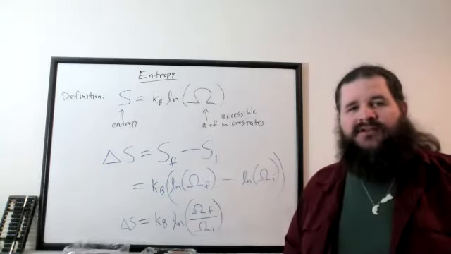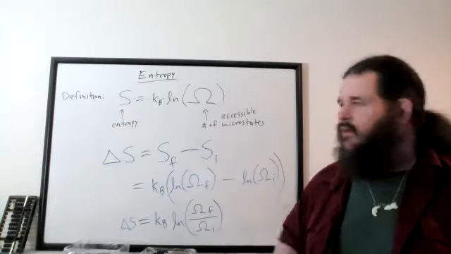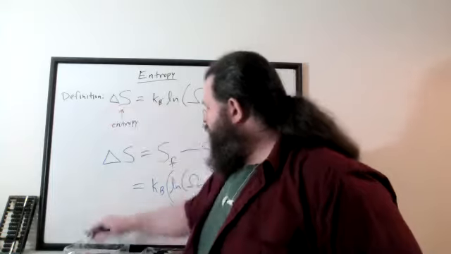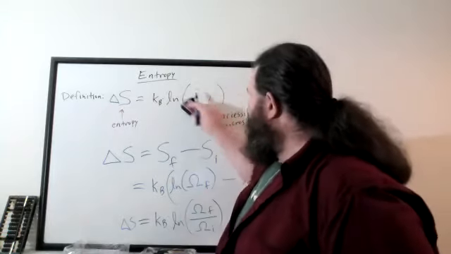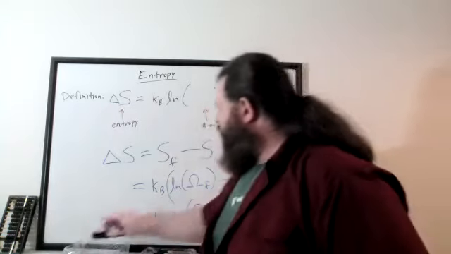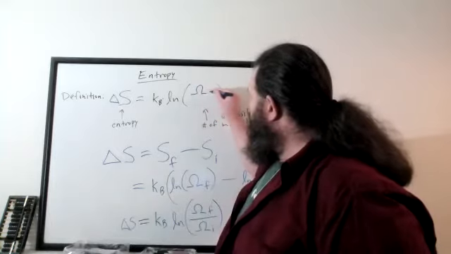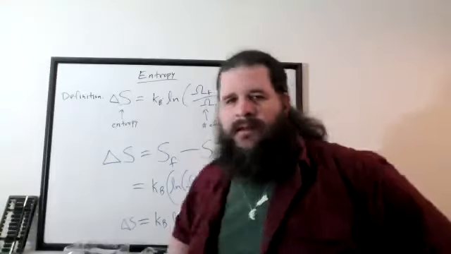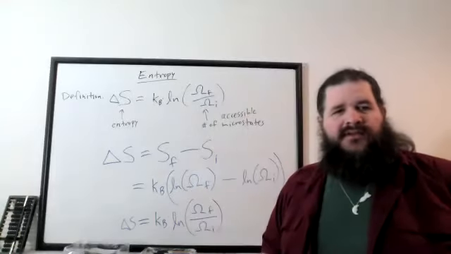It makes the numbers much easier to work with in those cases. So that's delta entropy. Delta entropy, which again is usually what we actually care about, is this ratio of final microstates to initial microstates. Any questions on that definition so far?